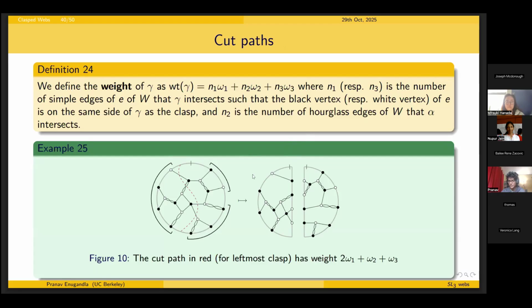So if this thing is going to evaluate to a non-zero thing under the projection, the weight of the clasp itself had better be lower than the weight of the cut path. So you can factor a lower weight representation through a higher weight representation, but not the other way around.